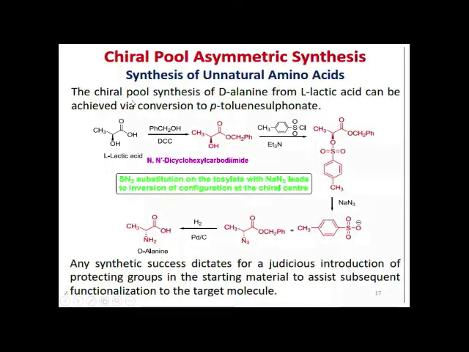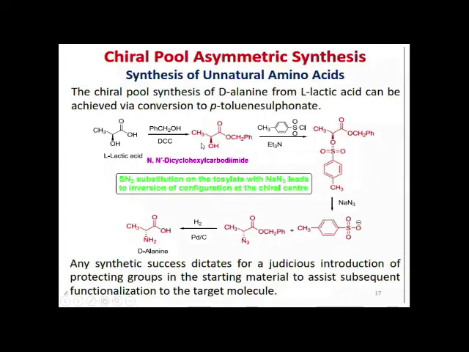Another example: chiral pool synthesis of D-alanine from lactic acid, that means sugar to amino acid synthesis. It can be achieved via conversion using para-toluenesulfonyl chloride. This is the structure of L-lactic acid. By using benzyl alcohol and DCC, as we saw in the previous reaction, the carboxylic acid group is converted into the ester.